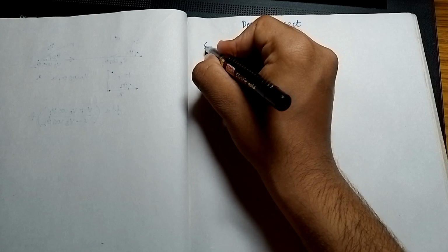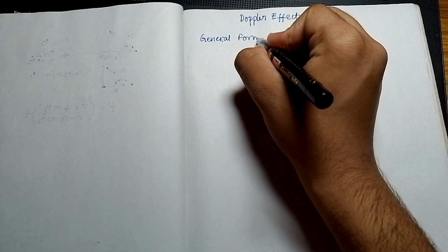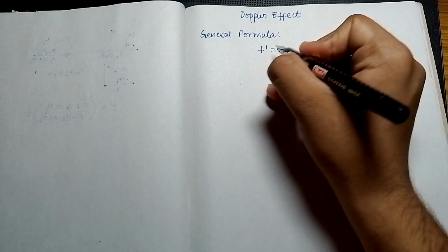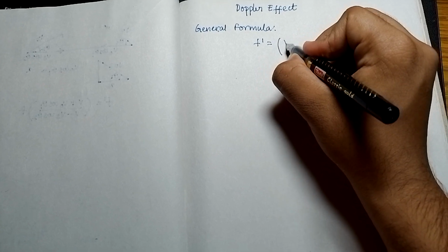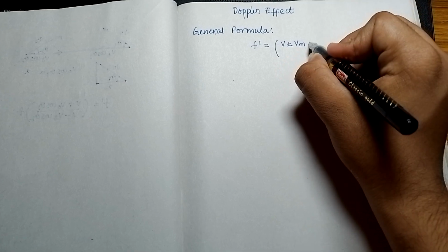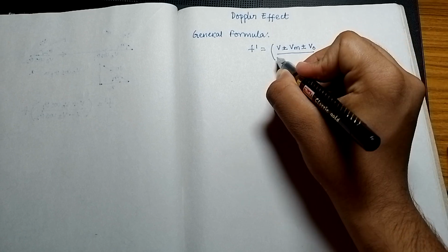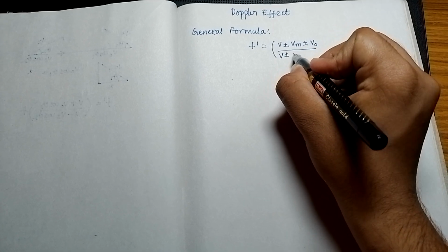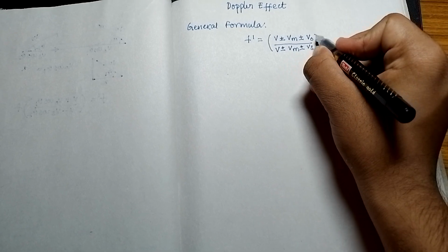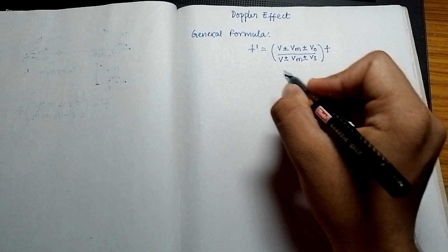So what is the general formula? F dash equals velocity of sound plus or minus velocity of medium plus or minus velocity of observer, divided by velocity of sound plus or minus velocity of medium plus or minus velocity of source, multiplied by the original frequency of the source.